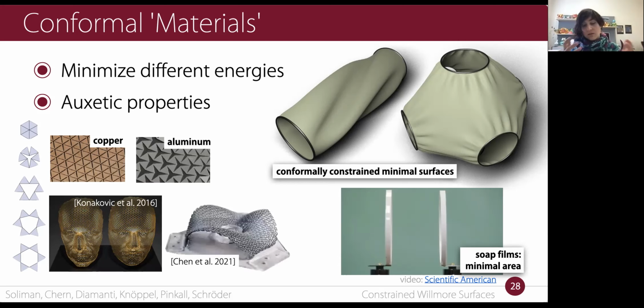So one can take, for example, a sheet of some copper or aluminum or some other inextensible material and cut it in regular patterns and then pull it. So what will happen then is that the sheet would expand in both directions isotropically. And there is prior work where these materials have been used for fabrication and architectural modeling. So that's something that we actually want to look into more in future work.